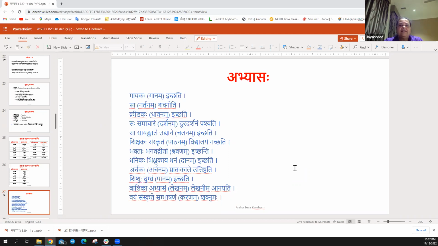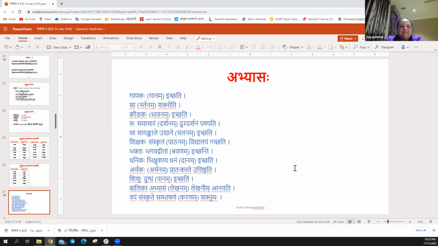Good. Divya Moday. वयं संस्कृते सम्भाषणं करणं शक्नुमः वयं संस्कृते सम्भाषणं कर्तुं शक्नुमः. So we are able to converse in Sanskritam.